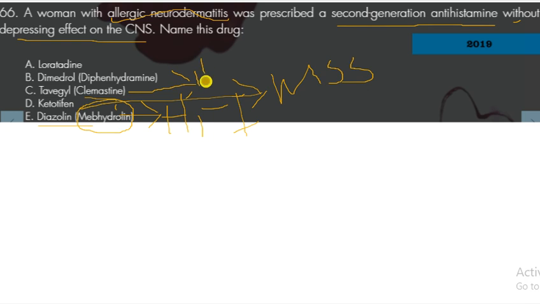Clemastine is H1 first generation. Diphenhydramine is H1 first generation. Loratadine is H1 second generation, with no depressing effect on the central nervous system. That is, there is no sedative effect.